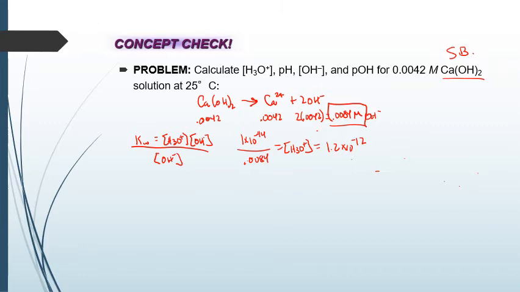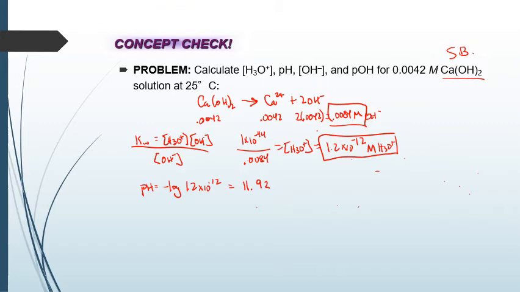So now at this point, I have my molarity for the H3O plus, so I'm ready to go ahead and solve for pH. For pH, I can take the negative log of 1.2 times 10 to the negative 12th, and that will be 11.92.